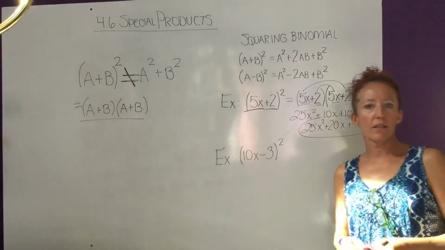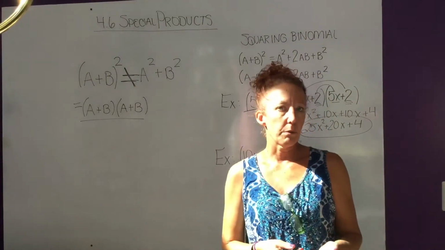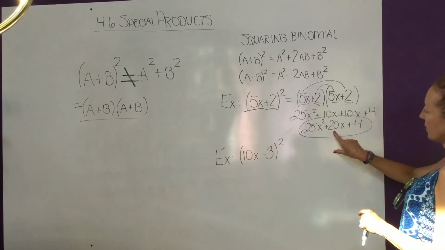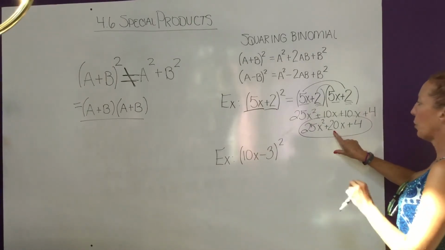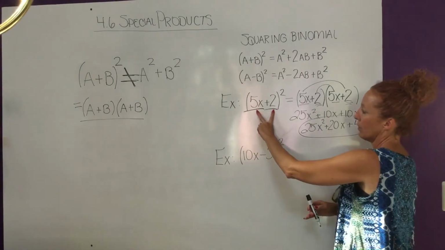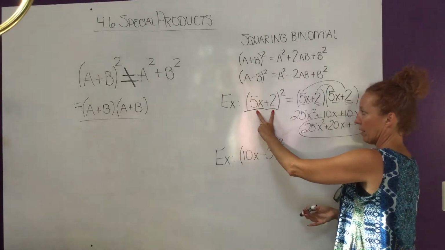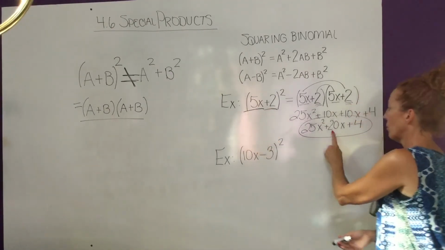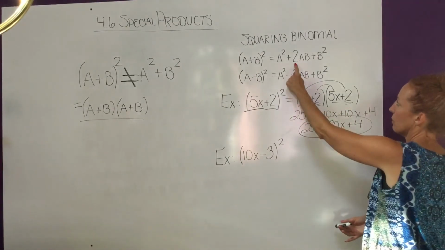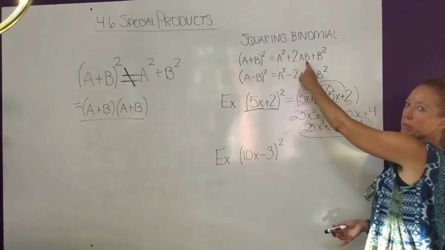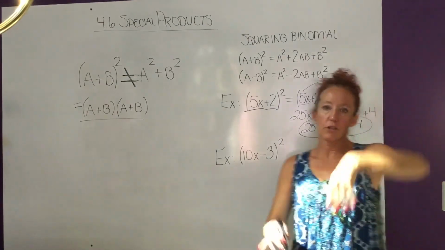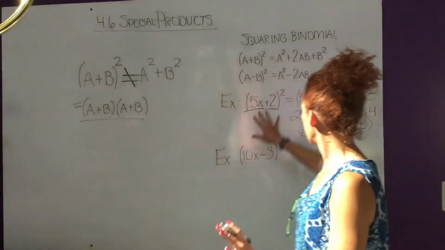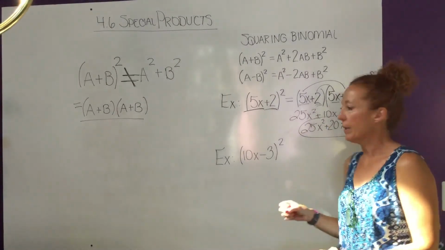Well, if you wanted to learn a shortcut and another little pattern and you like that, then that's fine. Please notice that 20 is twice the product of those two numbers. So 2 times 5 is 10, 10 times 2 is 20. 2 times A times B. And if that is too much for you to remember, you don't need to know that. You can just FOIL it like we always have.